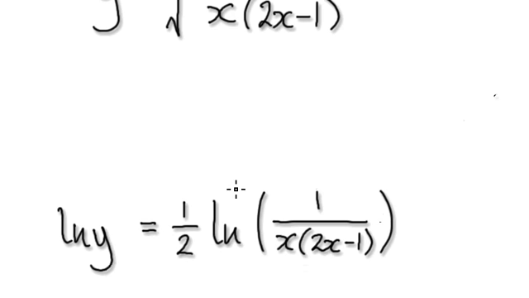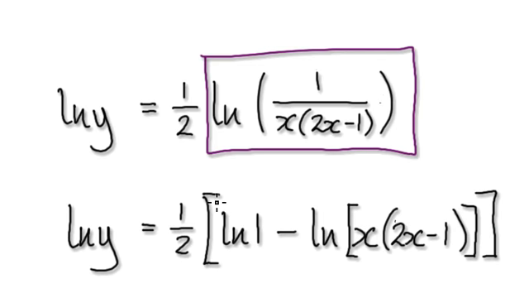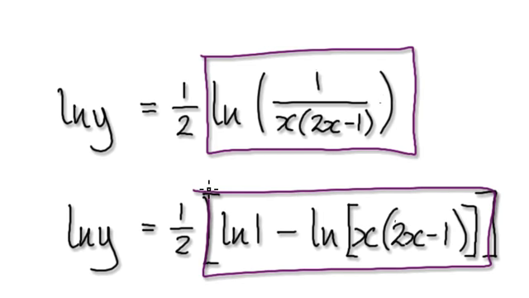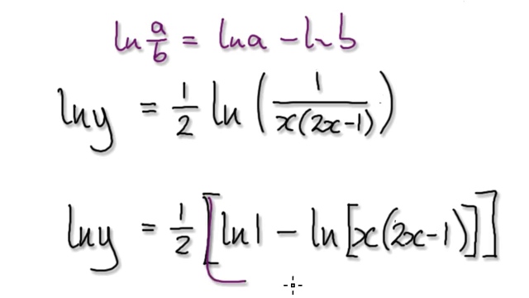Now just looking at this bit here, that would then become this, because whenever you have the natural log of a over b, that's the same as the natural log of a minus the natural log of b. So that's this thing here.